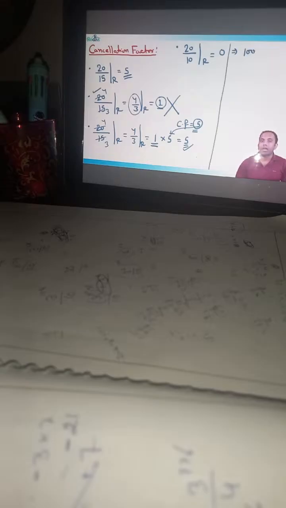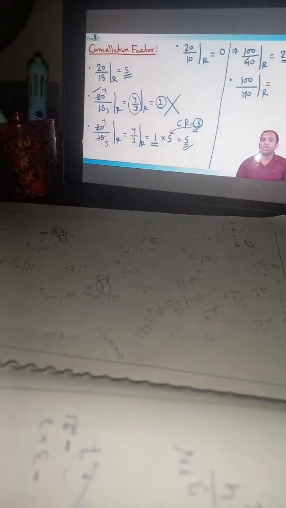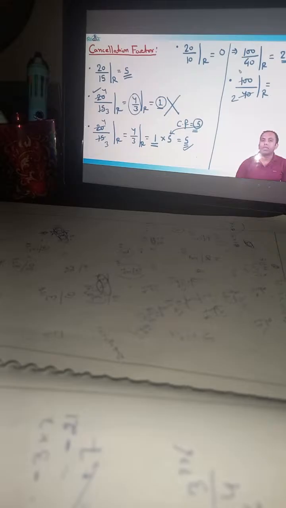For example, 100 by 40. What is the remainder here? 40 2 ja 80, remainder is 20. If I try to cancel it, 100 by 40 remainder, I can cancel it, no issue. 20 2 ja 40 and 20 5 ja 100. Just remember that our cancellation factor is 20.